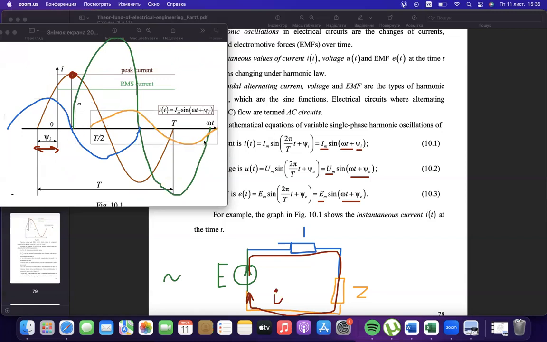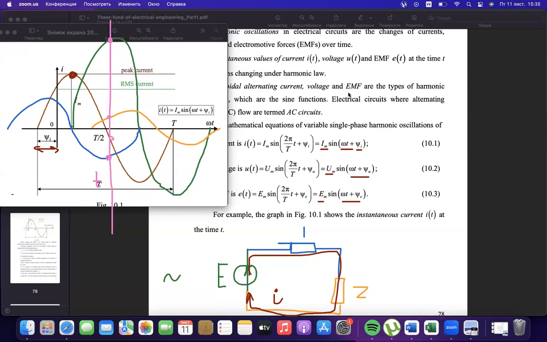As you see here, for making the calculation, we should fix some point of time, for example some moment t, and calculate points 1, 2, 3, 4 as instantaneous values of these sinusoidal functions. But at the next point of time, the values will change.